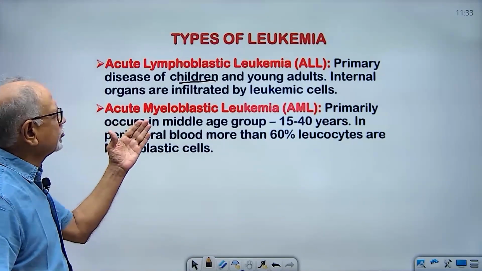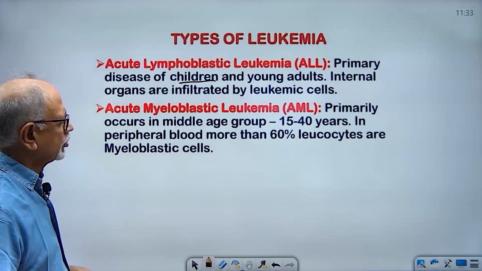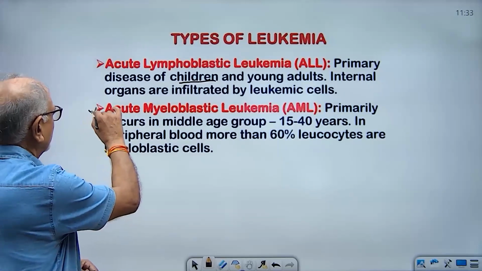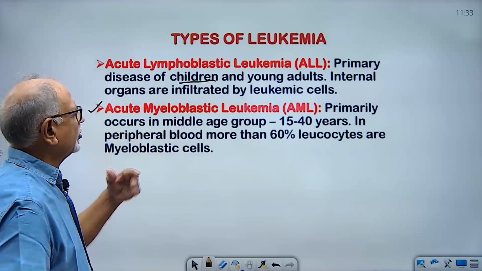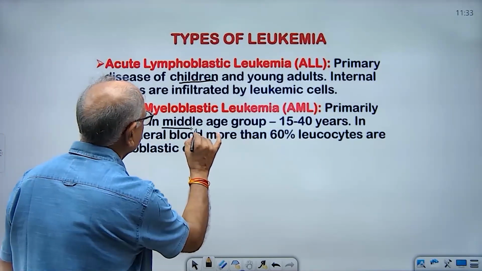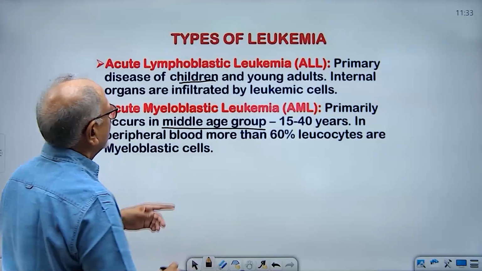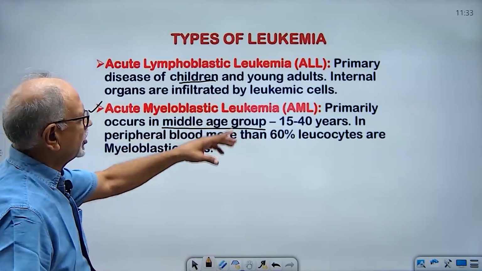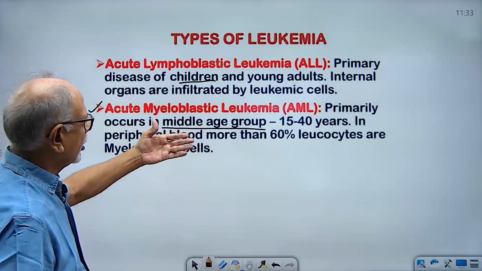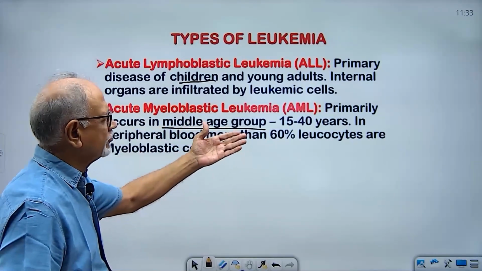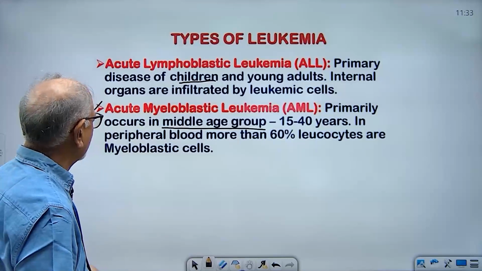Then acute myeloblastic leukemia, another type of leukemia, AML, primarily occurs in the middle age group. ALL occurs in children and young adults. Acute myeloblastic leukemia occurs in the middle-aged group, 15 to 40 years.